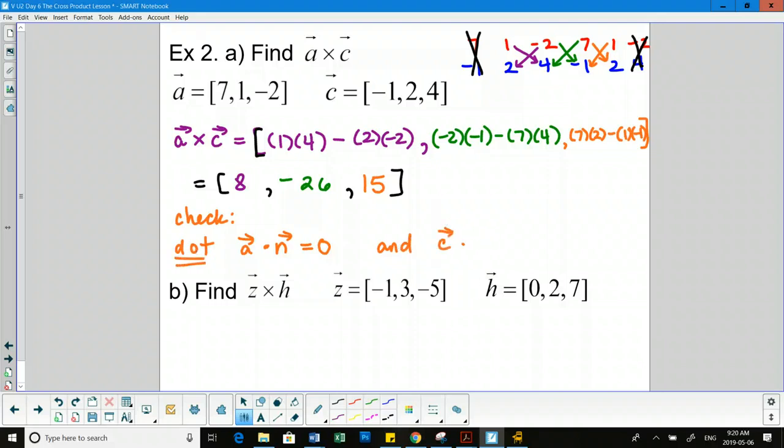And dot it with C, and see if it gives you 0. If you check the dot products of those, and each of them give you that scalar 0, you know that those vectors are perpendicular. If one gives you 0 and one does not, that's a problem, right? It has to give you 0 for both dot products. Cool?